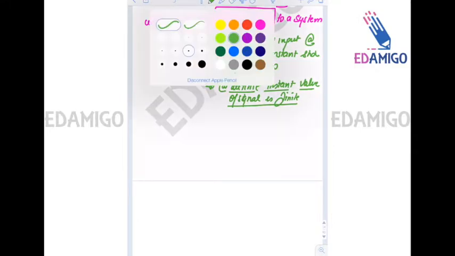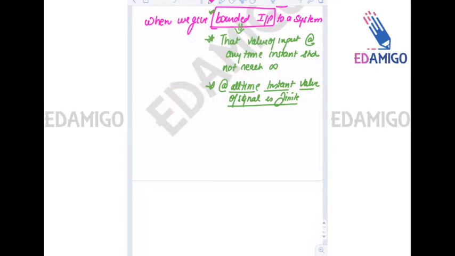So if the input is bounded, then the output should also be bounded. This is the requirement and we will check this. Now I am writing the method.